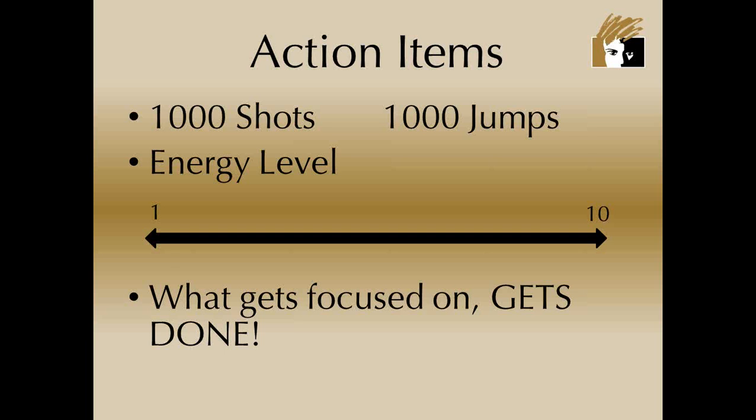So on a scale of 1 to 10, where is your energy level? What is the visual energy level that you're putting out there? If you think you're at about a 4 because your chairs are empty, or you don't have enough staff, or your receptionist, you've got to move that up. Because the final thing, and then we want to open it up for questions, is what gets focused on gets done.